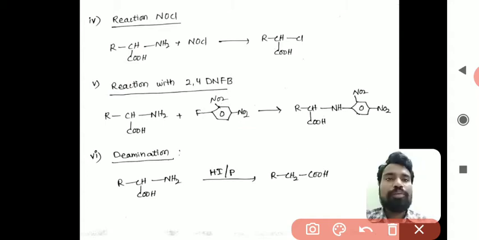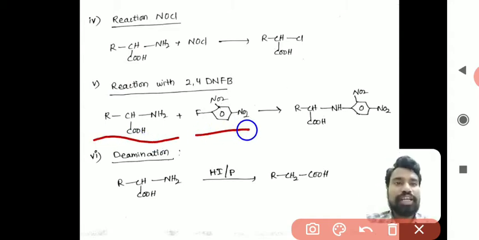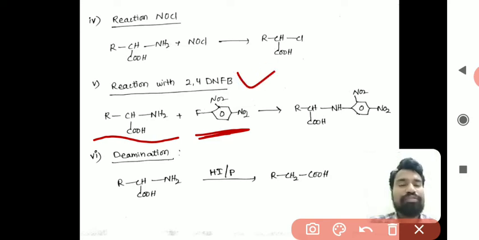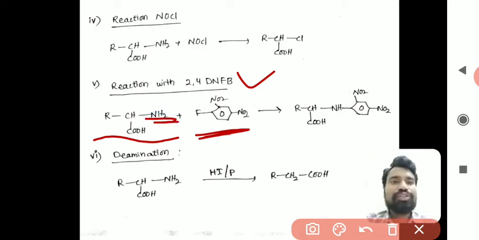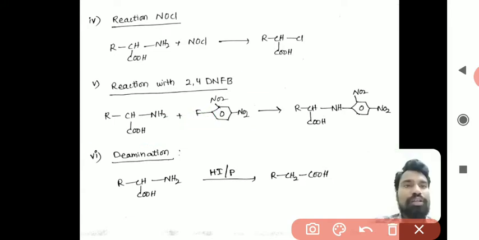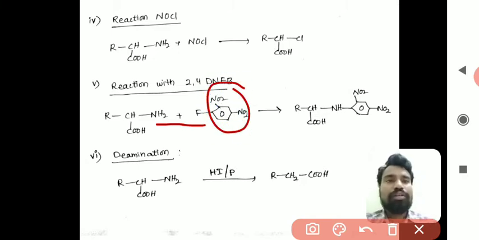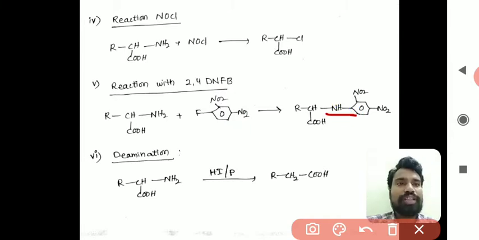So when the amino acid reacts with Sanger's reagent, that is 2,4-DNFB, 2,4-dinitrofluorobenzene, the same thing happens here: one hydrogen from the NH2 group and this fluorine leave as HF, and then there is a bond formation between this benzene ring and the amino nitrogen. So there is a bond formation between NH and the 2,4-dinitrophenyl group, right? So this is the reaction with 2,4-DNFB.